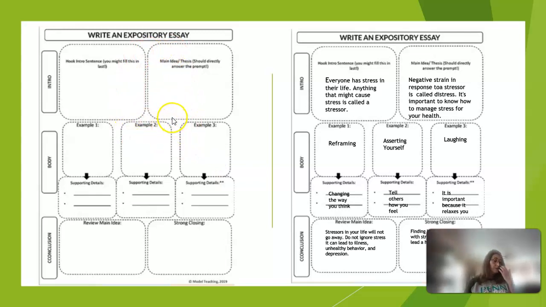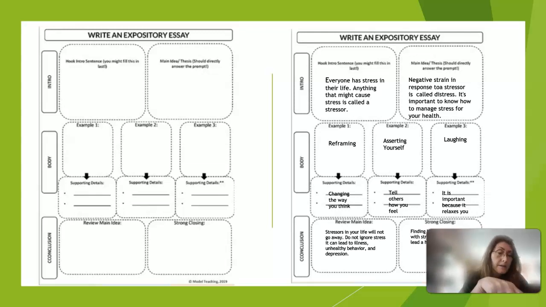Graphic organizers are a very helpful way to create a plan for writing about the topic and to help them step by step list the ideas in written form. To the left here is an example of a graphic organizer that I suggest we use to write an expository essay.